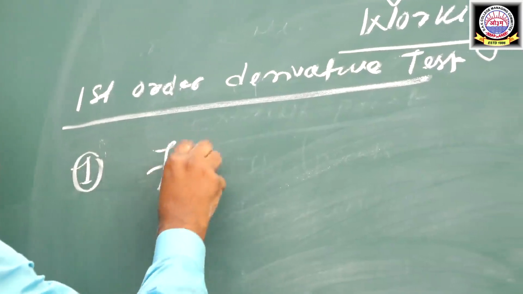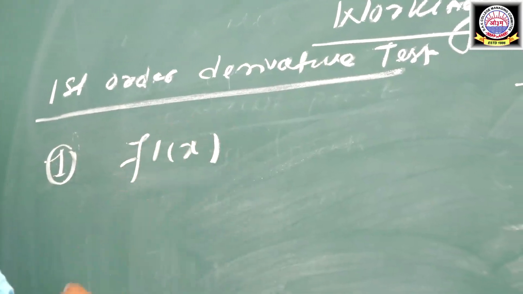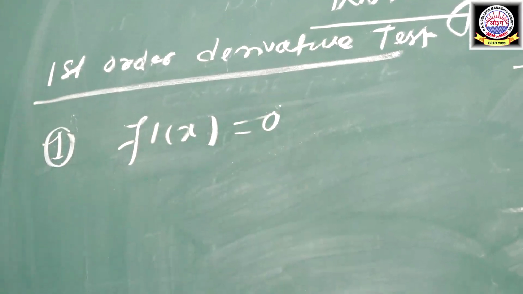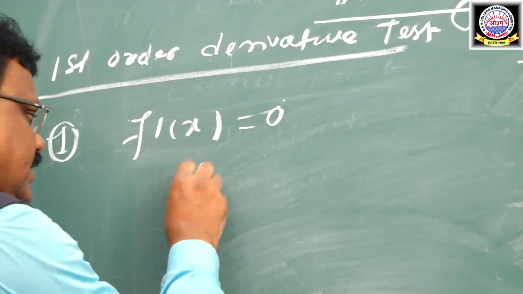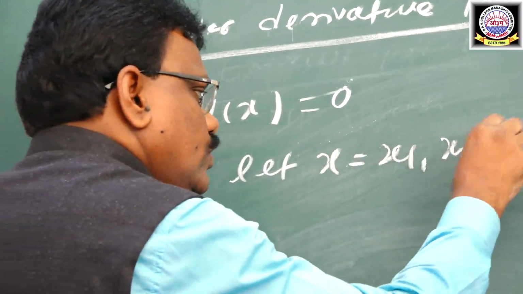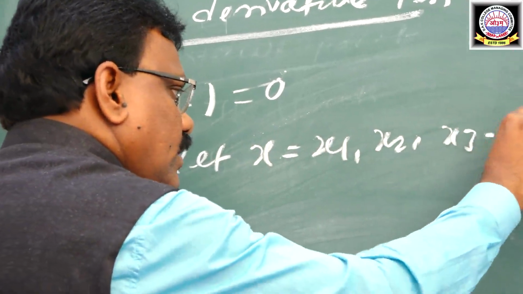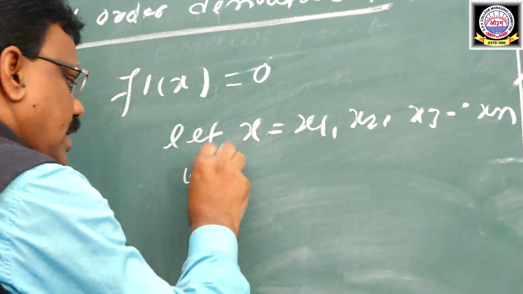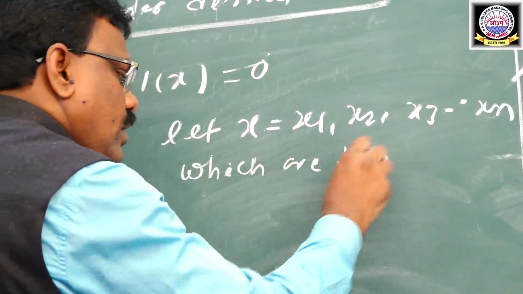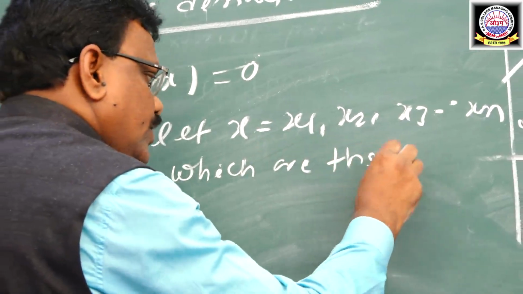Step 1, find f dash x and put it equal to 0. Let the values of x be x1, x2, x3, up to xn, which are the extreme values.